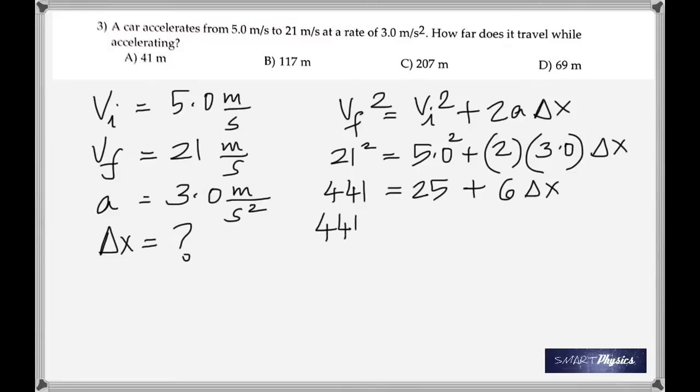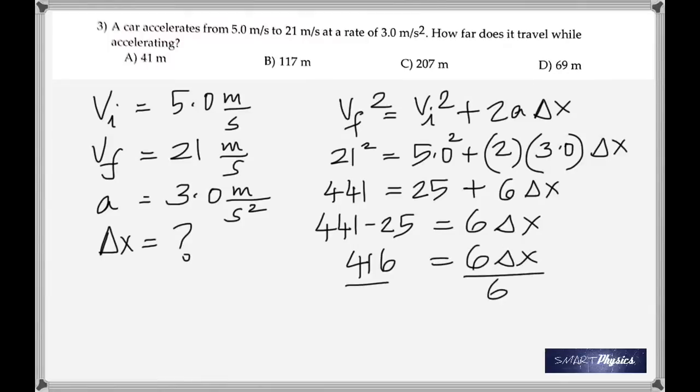Simplify that, so it's 441 minus 25 divided by 6, of course. And the answer comes out to be 69 meters.